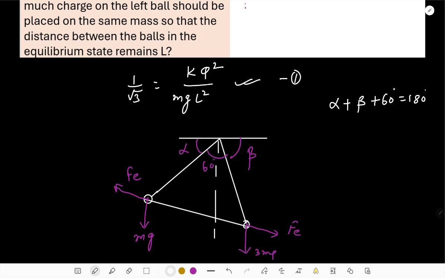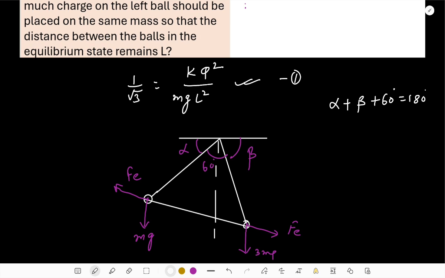They are all in equilibrium, and the system is also in equilibrium, so the net force acting on each of them is also equal to 0. But this is the main problem: before we use the net forces, we will need to find at least alpha or beta, any one of them.